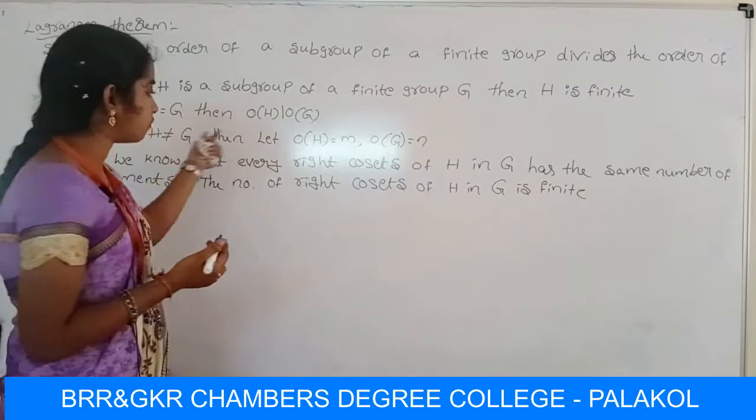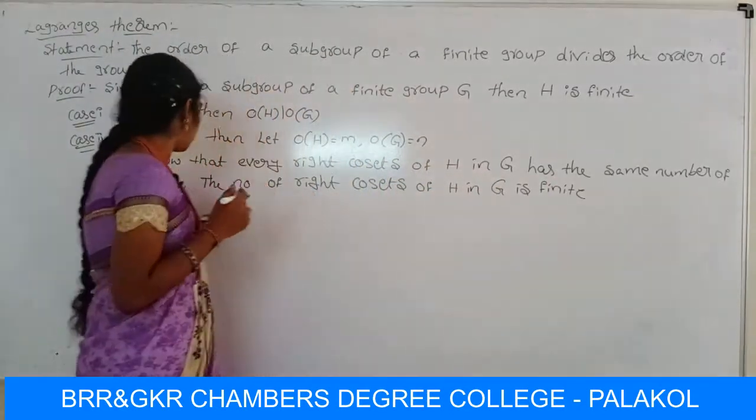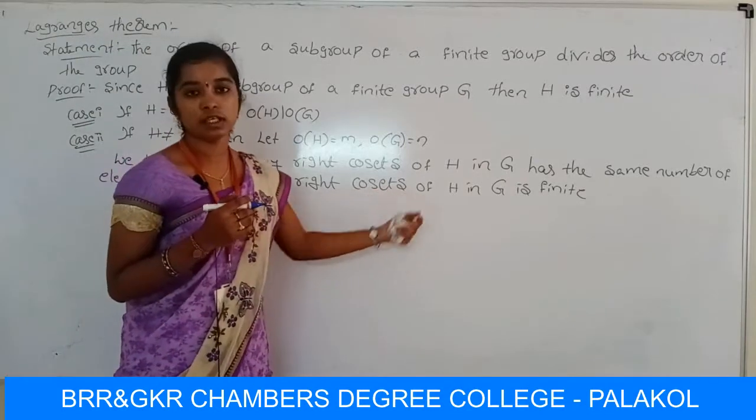We know that every right coset of H in G has the same number of elements, and the number of right cosets of H in G is finite.